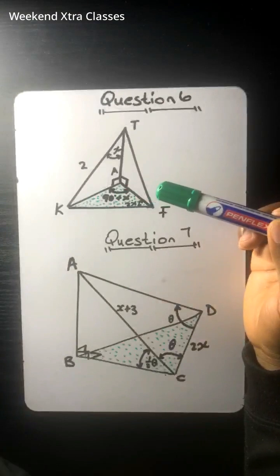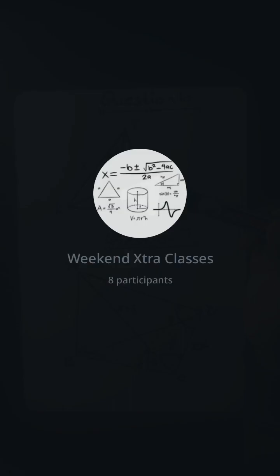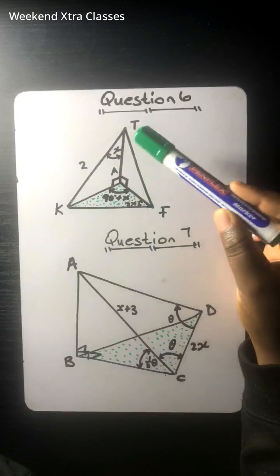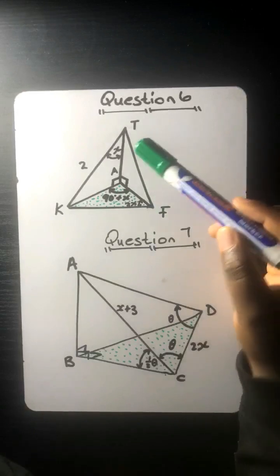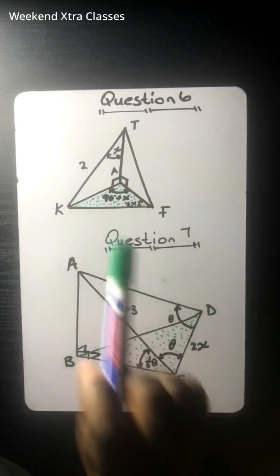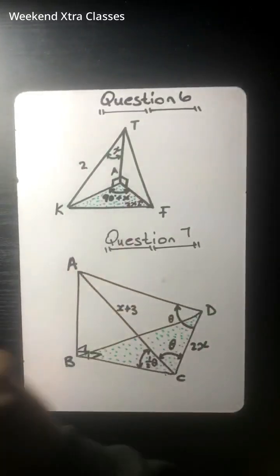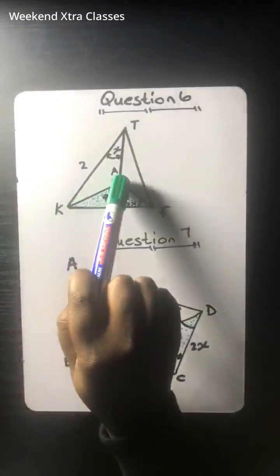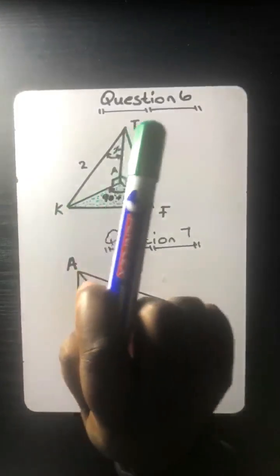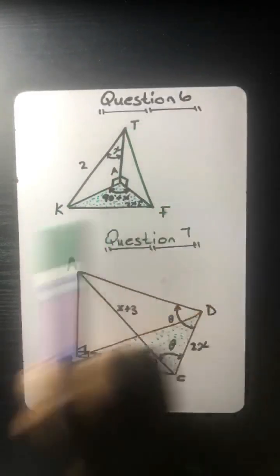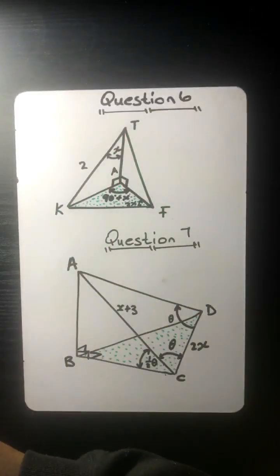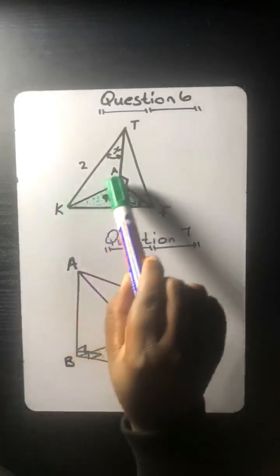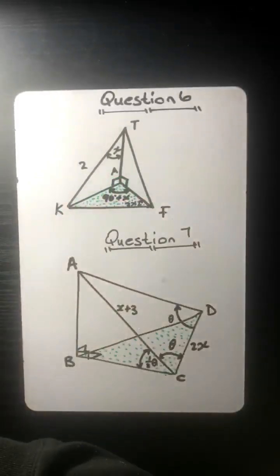6.1 In the figure, points K, A, and F lie in the same horizontal plane. Wait, which figure now? They're referring to this figure. So it's more like K, A, F are on a flat horizontal surface.